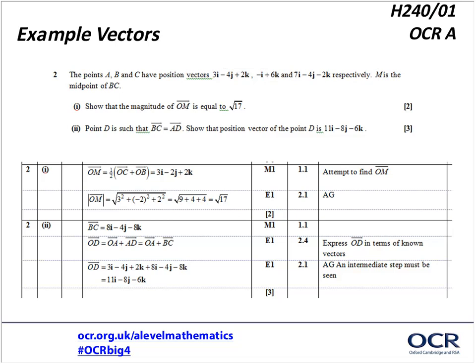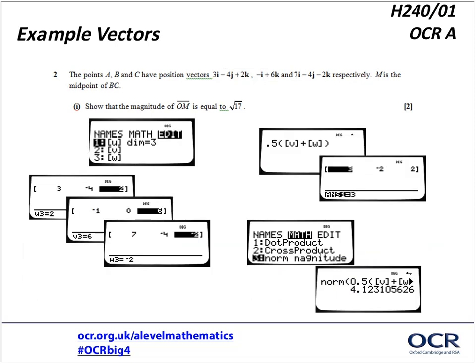The two calculators are slightly different. The Texas, again, you have to define the vector. The Texas actually puts the vector in rows, so it looks like the 3i, the minus 4j, the plus 2k.